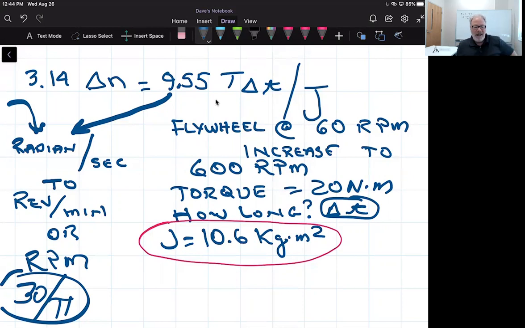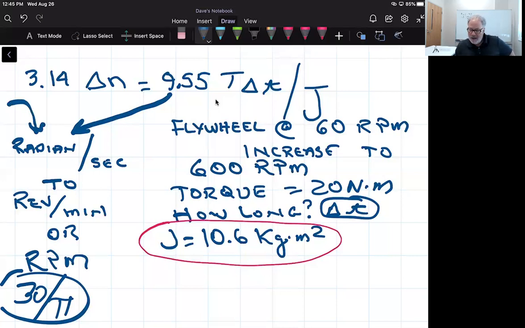The constant 9.55 allows us to work problems that are given to us in revolutions per minute. When working with motors and when we get to the lab and we're measuring the rotational speed, what we want to work in is RPMs. So 9.55 allows us to do that.